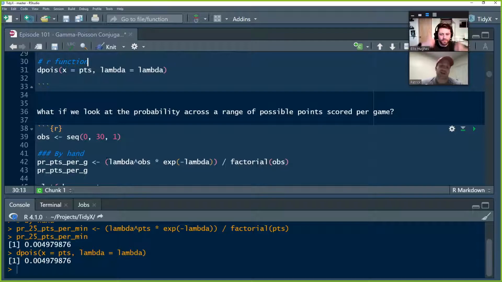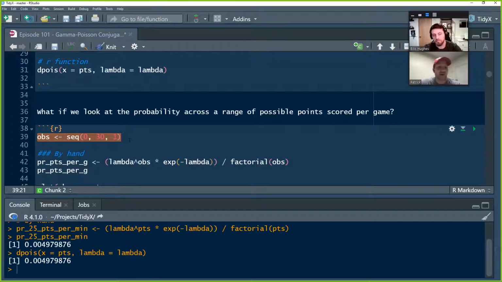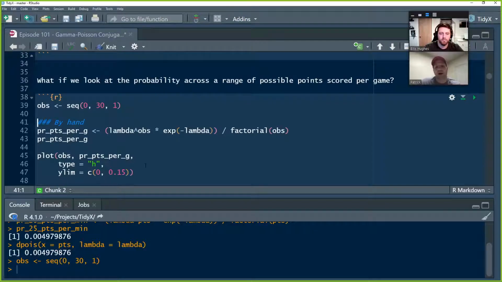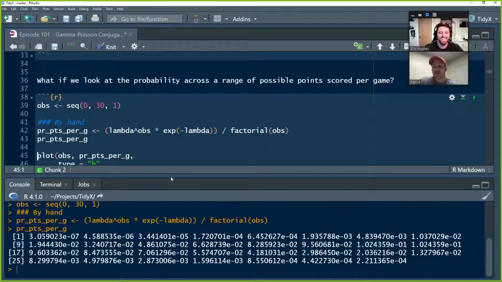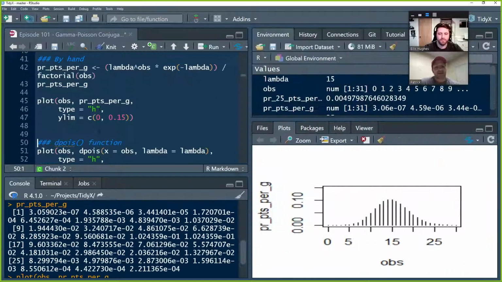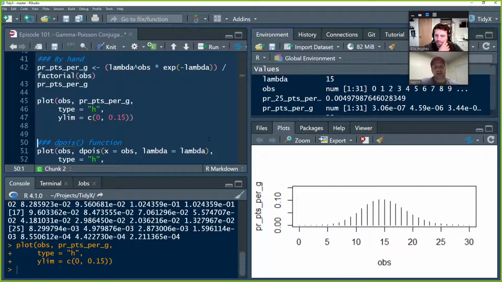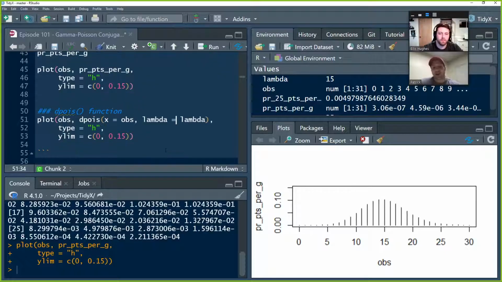We can look at this against a range of potential scoring outcomes. So let's say, what's the probability that she scores anywhere from 0 to 30 games, given what we know about her lambda, about her mean and variance. Again, just to be a bit cheeky, I did it by hand so you can see it if you wanted to mess with it. If not, we can always do the handy dandy little helper function, and this little plot down there is going to plot the exact same thing.